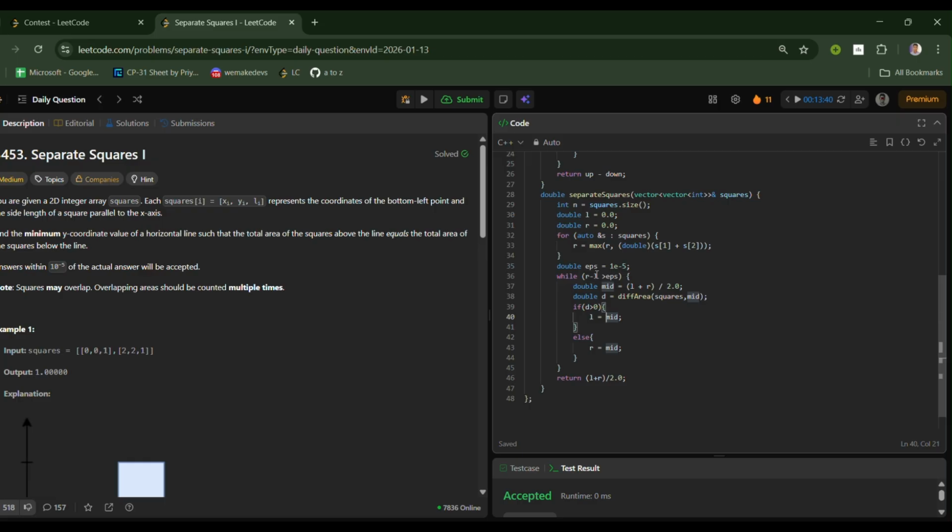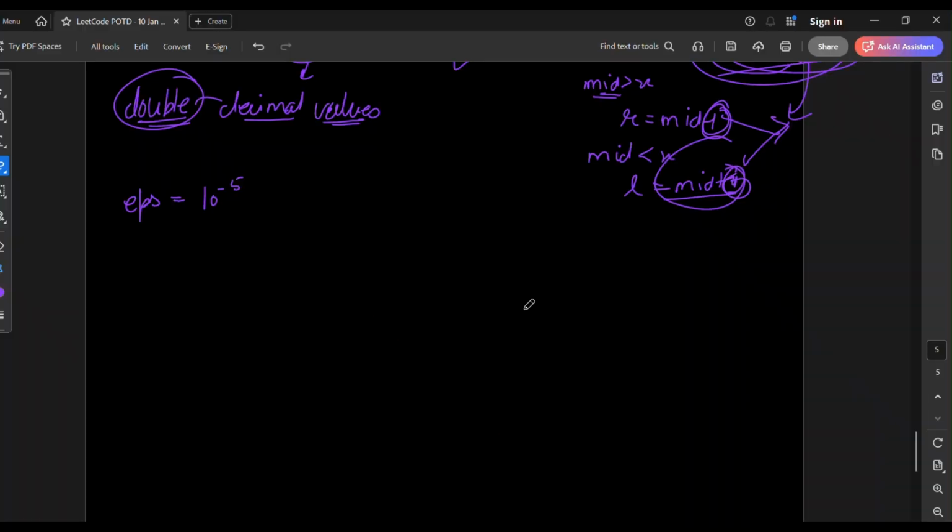What we are going to do is find the difference r minus l, and whenever it is greater than EPS, it means, let me show you one more thing. Let's say we are on a number line. Here is l, here is r, and let's say the mid is coming downwards.